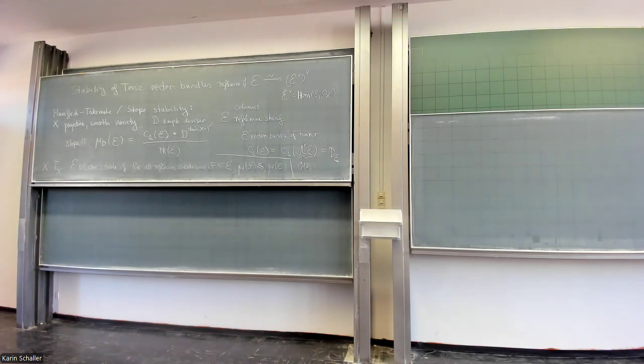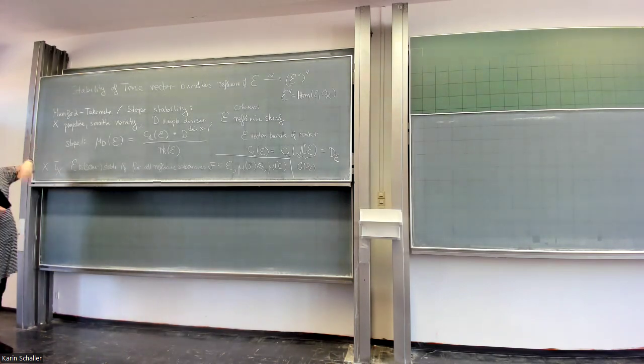And so it turns out that this definition, if you have a vector bundle and you somehow want to find a moduli space of vector bundles that are similar to this, turns out to be the right definition to get a nice moduli space. Originally this comes from GIT.